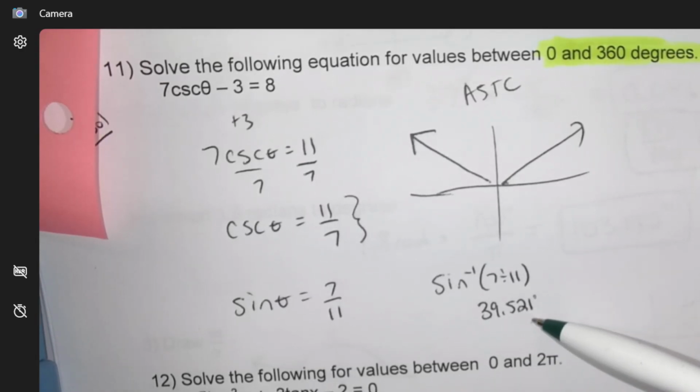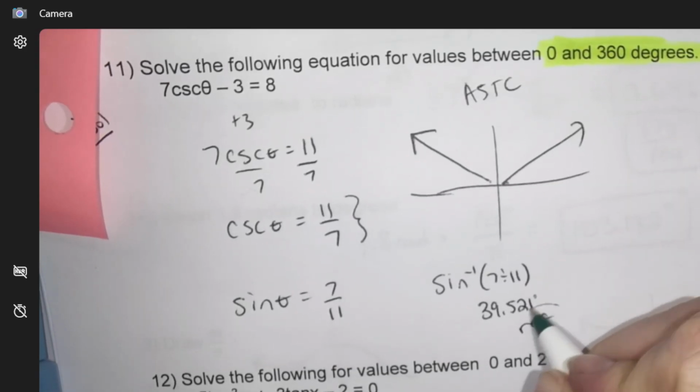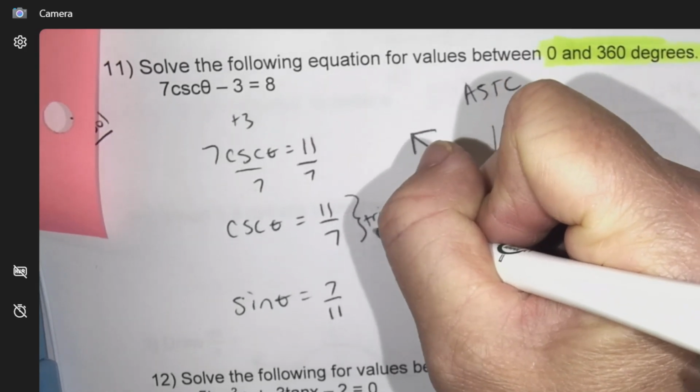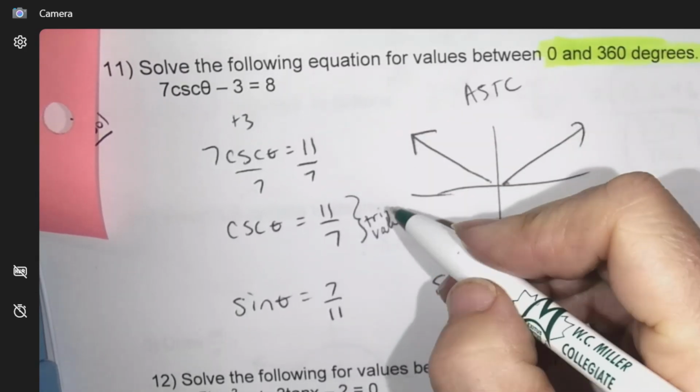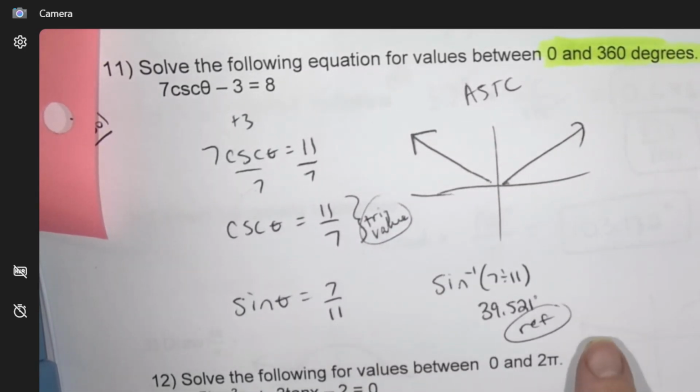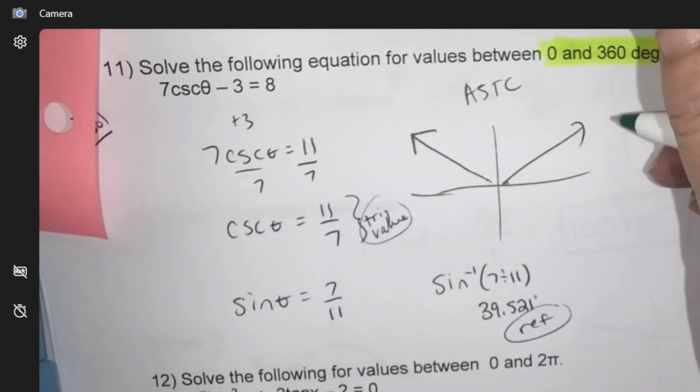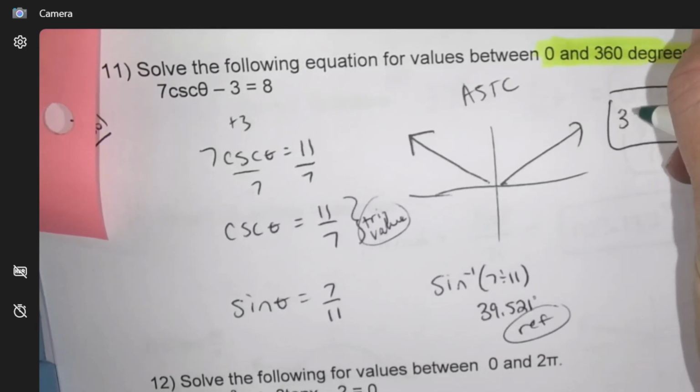Okay, this is not the answer yet, again. What stage are we at right now with this number? This is just a reference. So kind of remember your stages. You need trig value, then you need reference, and then you go into final.